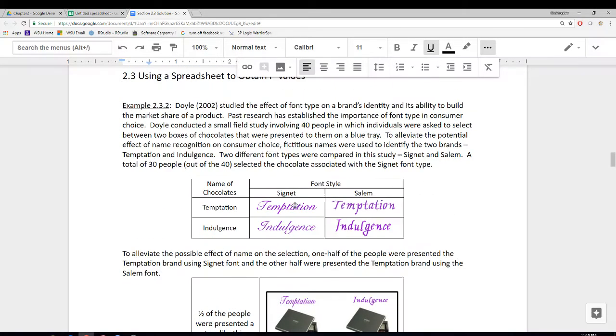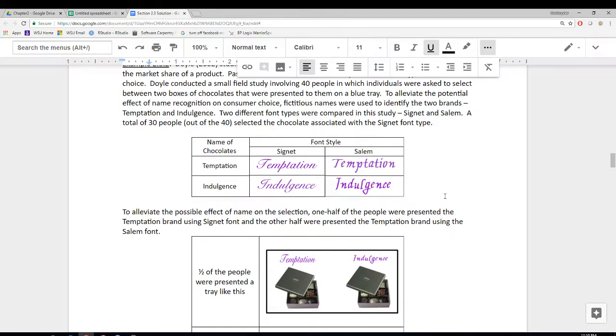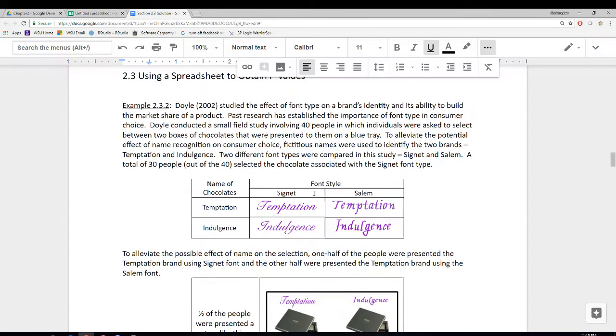The Signet font is certainly more scripted, more eloquent maybe. And the Salem font has some sharp edges, not quite as smooth. I think the authors suggested that the Signet font was more feminine than the Salem font. I don't know if that's true or not, or what they mean by that, but those were words that they used.